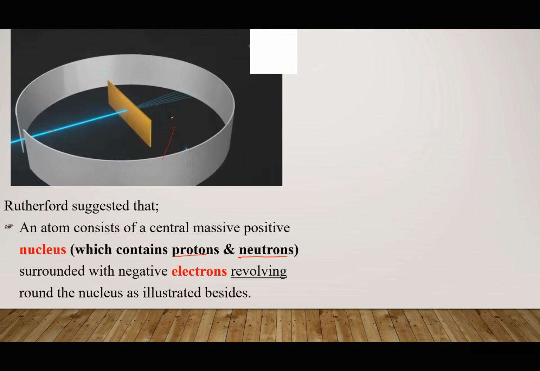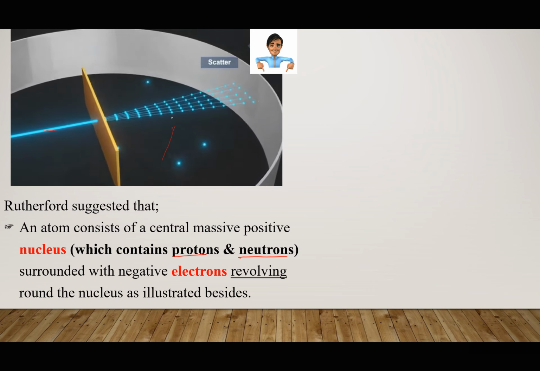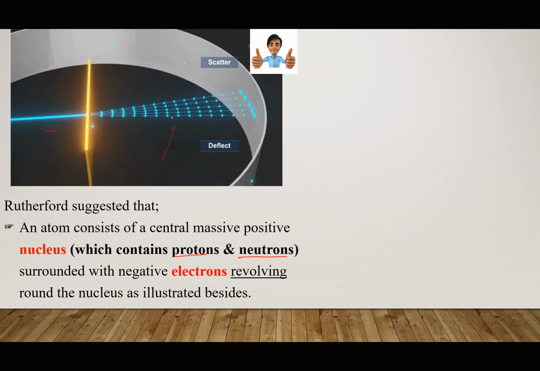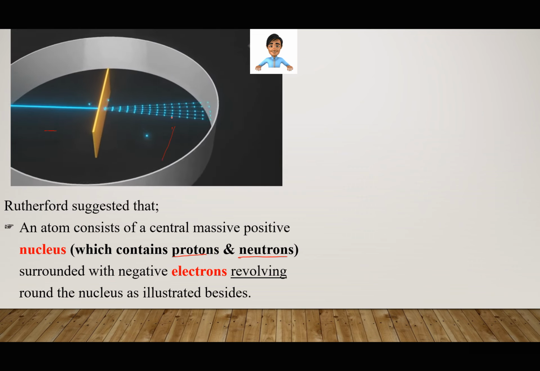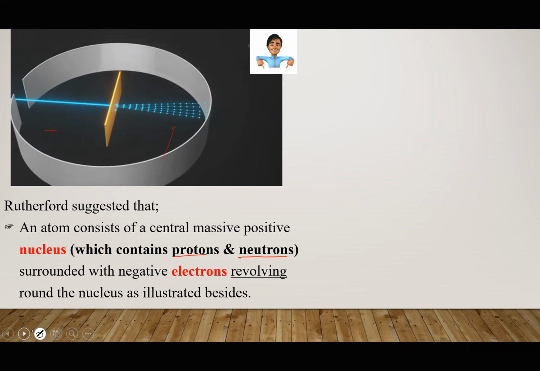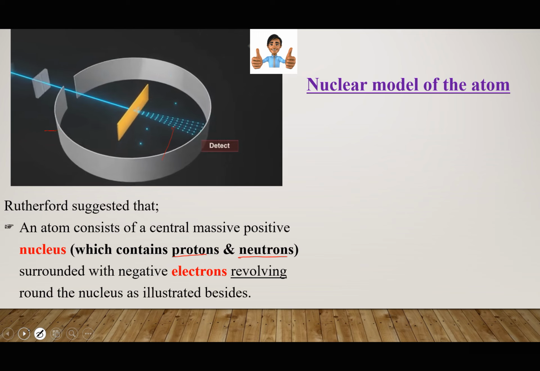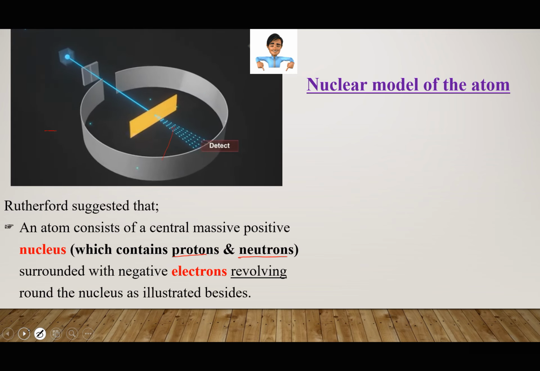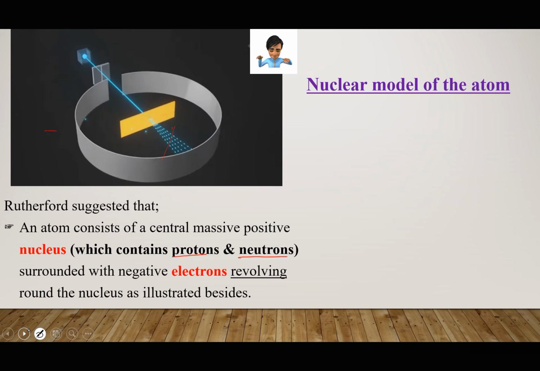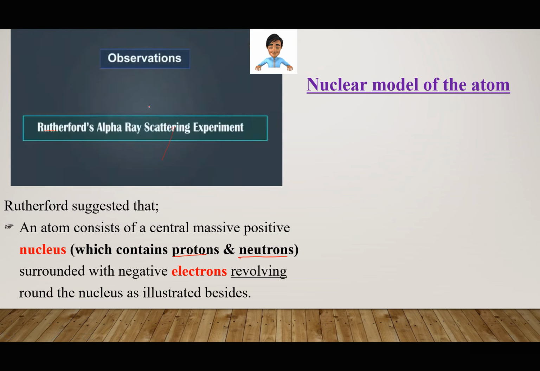As demonstrated by this animation, most of them go straight through, others are deflected through smaller angles, less than 90 degrees, and just a few of them are deflected through small angles. So you can see that out of almost 2000, most of the alpha particles go straight through or are deflected through small angles. 1 in 2000 alpha particles is deflected backwards, or back scattered.